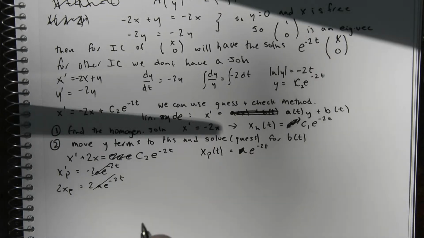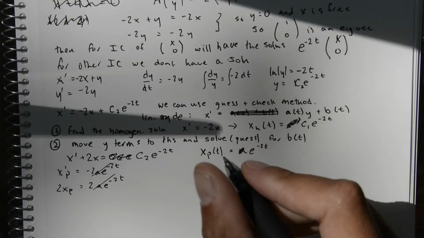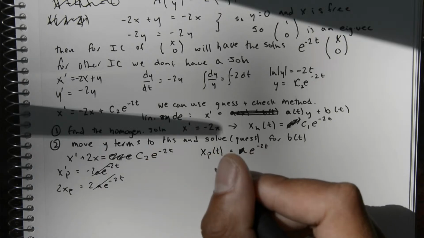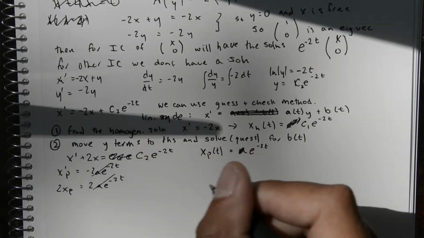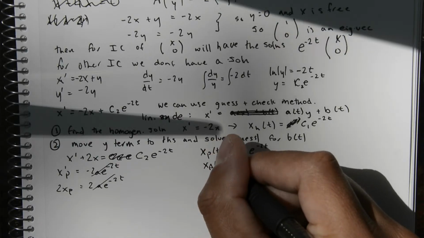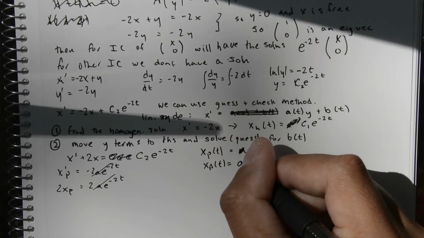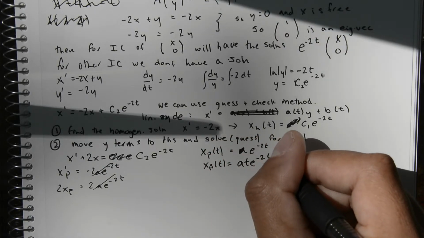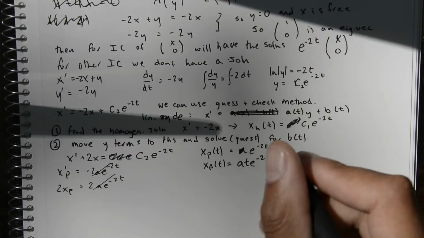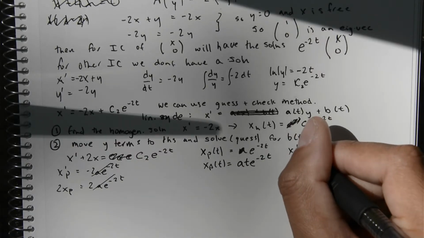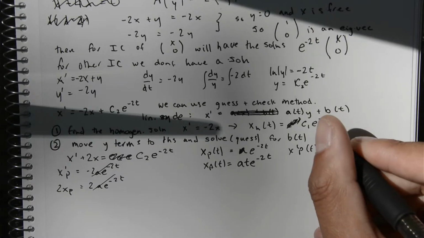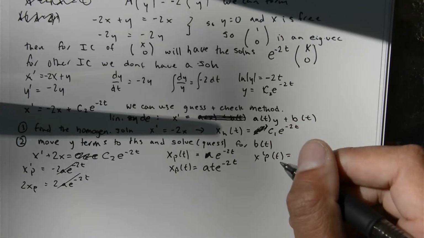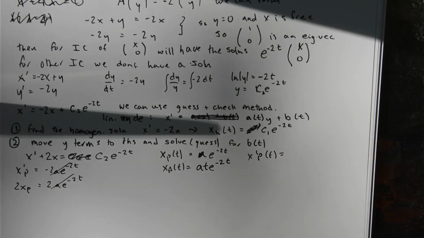So then what we do instead is we guess again. Now we guess xp of t is equal to a t e to the minus 2t. And then we get x prime p of t is equal to, so then we have to do the product rule, unfortunately.